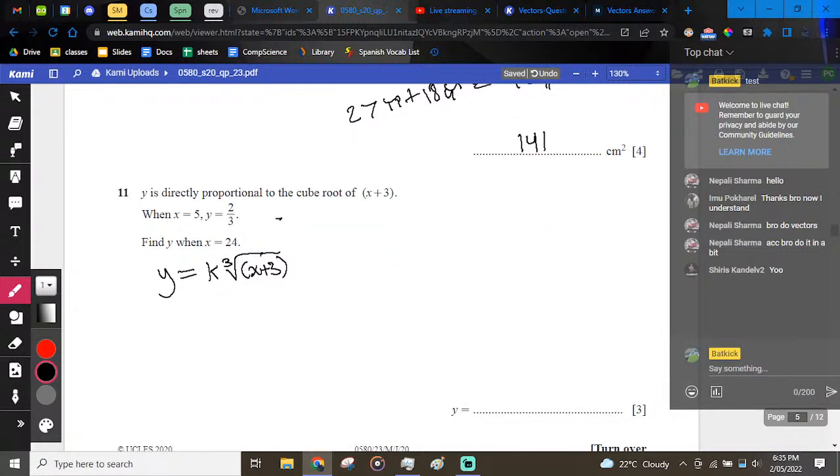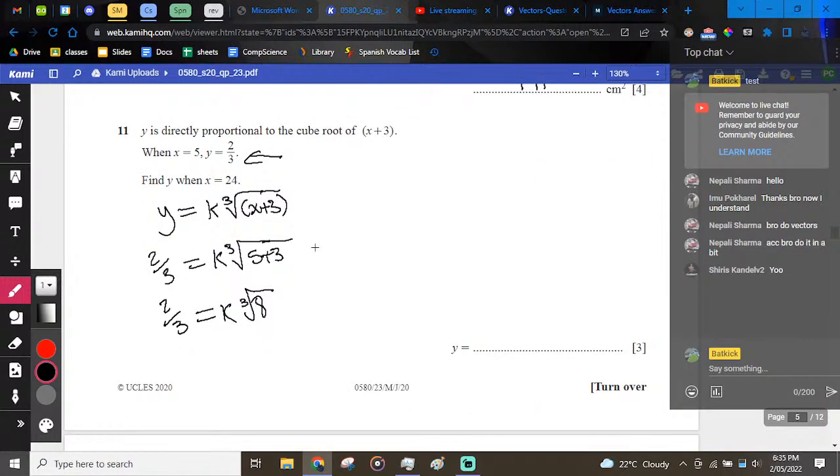And we can substitute in these given values when we need to find the constant k. 2/3 equals the cube root of 5 plus 3 times k. The cube root of 8 is 2. 2/3.